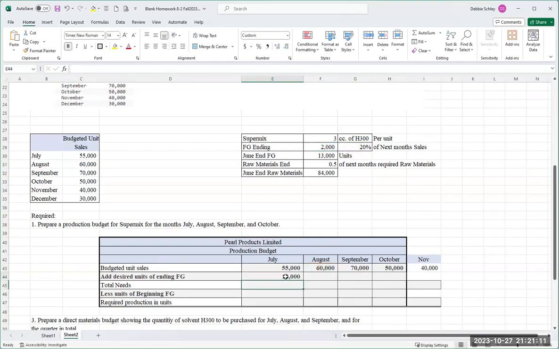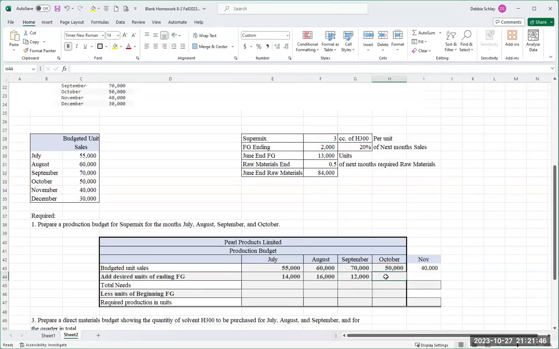Okay, so let's do that again. Equals 2,000 plus parentheses next month's sales times 20%. And again equals 2,000 plus parentheses next month's sales times 20%.